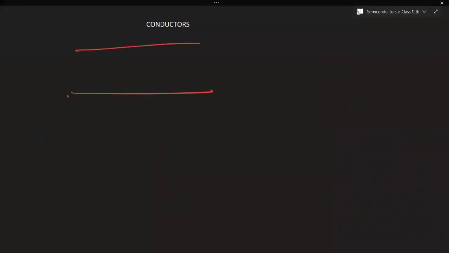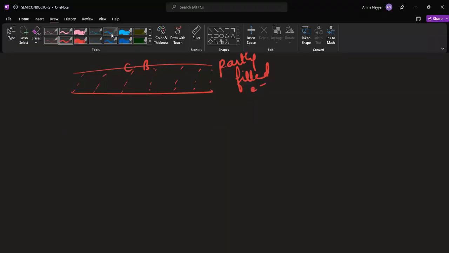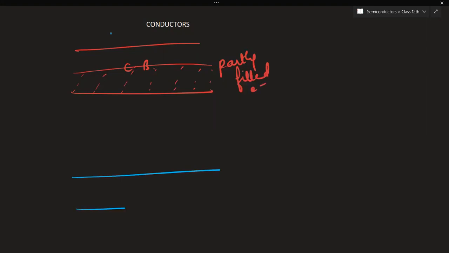See, let's say this is the conduction band. In case of conductors, the conduction band is partially filled with electrons. It is partly filled. And on the other hand you have the valence band.